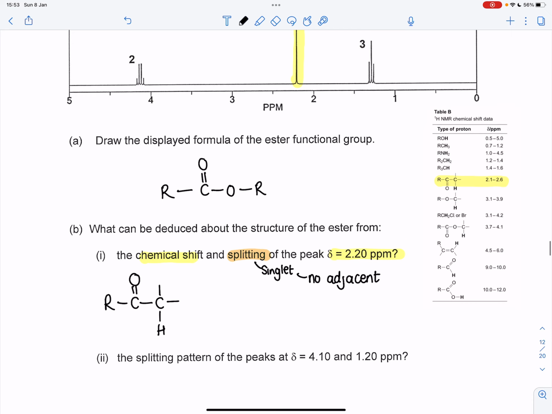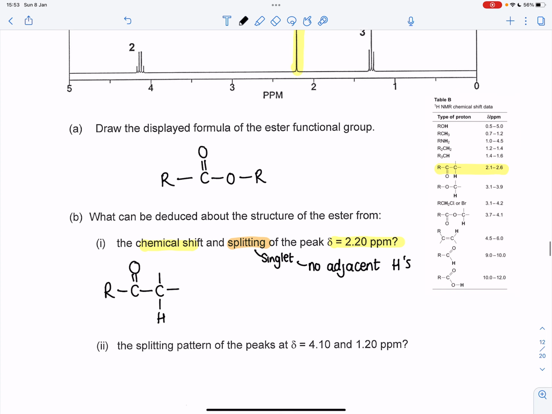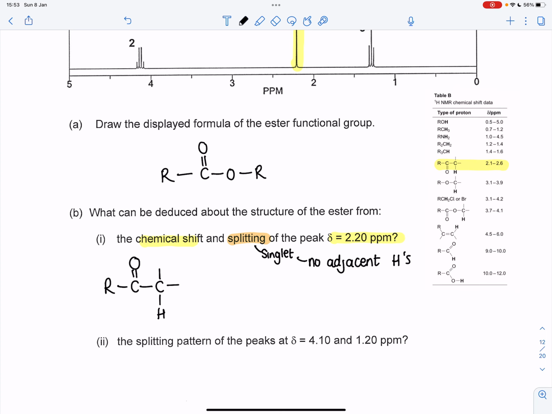There is something else we can tell from this spectrum as well. If we look at the integration, it is a 3. So 3 H's of this type. Well, we've drawn 1 on already because the datasheet told us to. But if we were to put 3 on, we can then see why there can't be any next door neighbour hydrogens, because there is no next door.